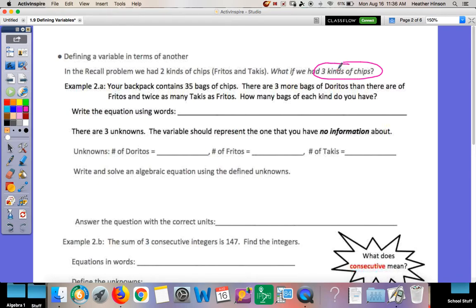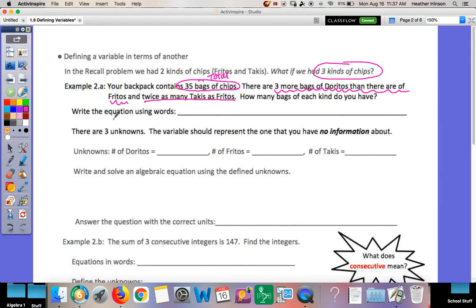We can only solve with one variable, so we're going to have to do a little extra configuring. Your backpack contains 35 bags of chips. All your chips total 35. There are 3 more bags of Doritos than there are of Fritos. And there are twice as many Takis as Fritos. How many of each kind do you have?